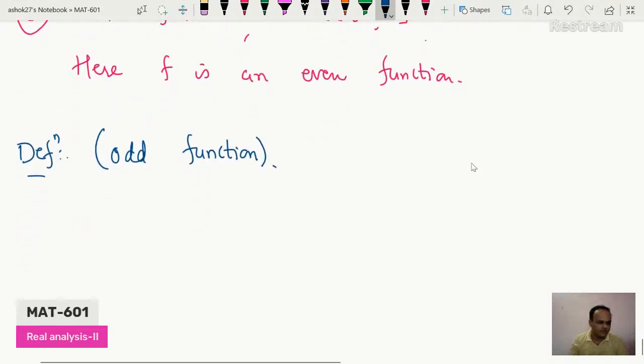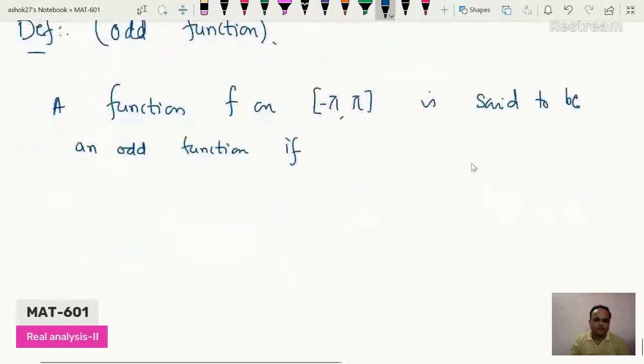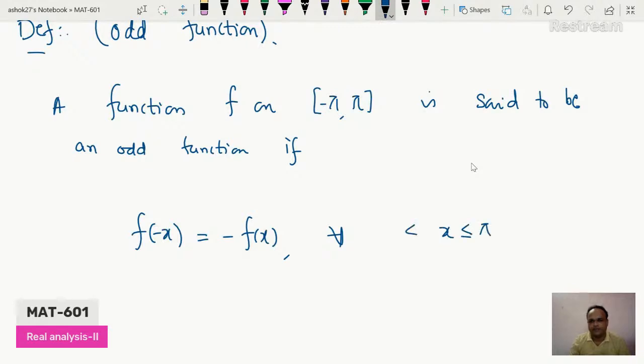A function f on the closed bounded interval minus pi to pi is said to be an odd function if it satisfies the following condition: f of minus x should be equal to minus of f(x), and it is true for all x, with x less than or equal to pi and greater than or equal to minus pi, that is, x belongs to the closed interval minus pi to pi.